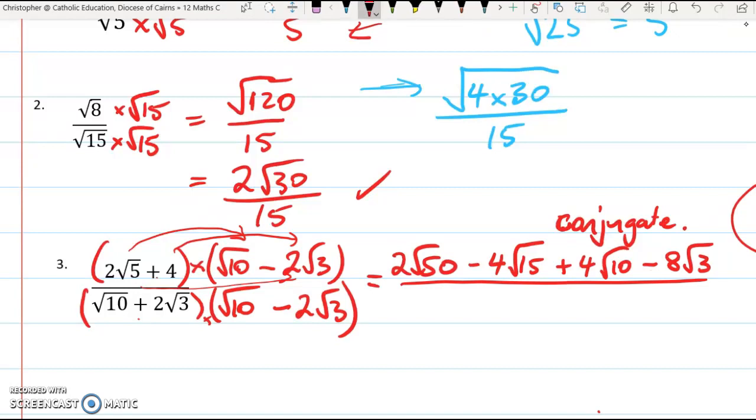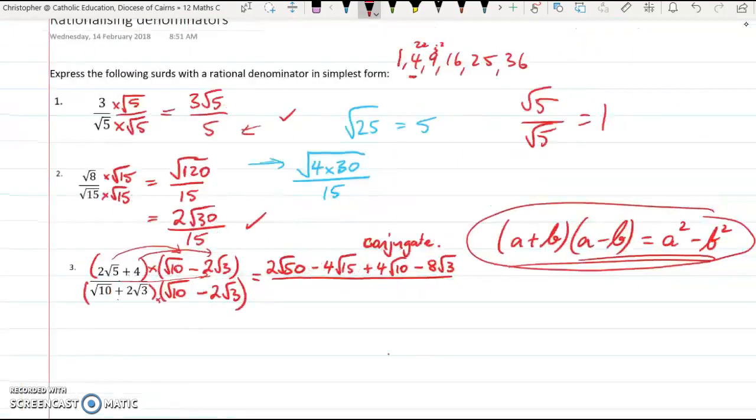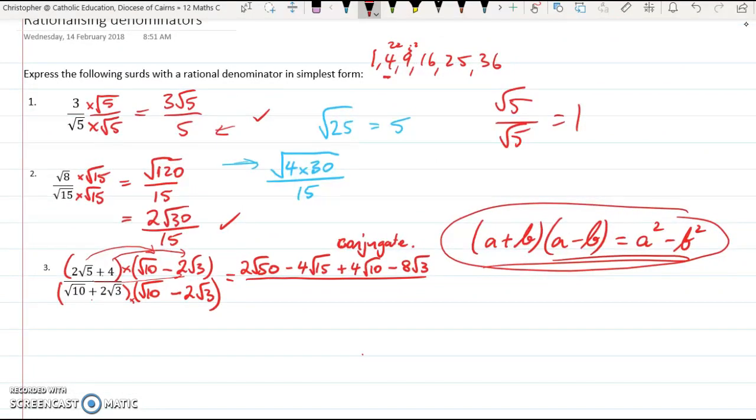And on the bottom, now this is the reason that we multiplied by this, is now we're going to use that relationship there. We're going to say, well, it's root 10 times root 10, which is 10. Then we're going to say, well, it's minus 2 root 3 squared.